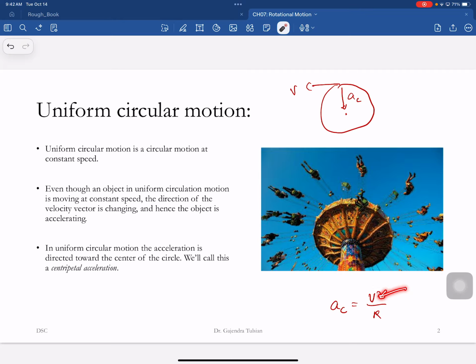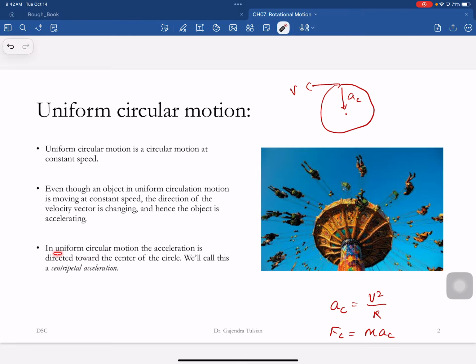The faster you're going, the greater your acceleration. It's hard to make a turn fast. You guys know all of that. To make anything accelerate, you need a force, and in this case, since the force has to be directed the same direction, it's called centripetal force.